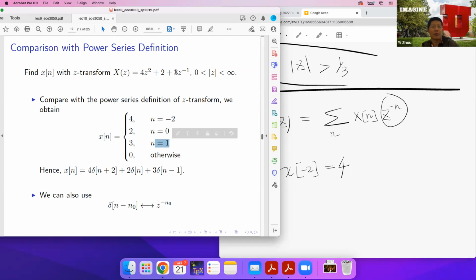And the corresponding coefficient x[1] would be 3. And all the other terms are zero because we do not have all the other terms. We only have three terms in this power series. So this is the signal that we find by directly comparing with the definition.